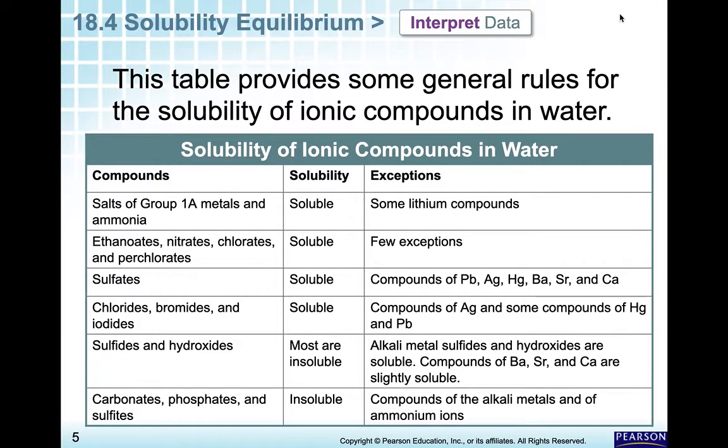What you do is you find out where it would fit in here. If it's a compound, this word salts here just means an ionic compound that contains group 1 metals, so metals from the first column, it's soluble.